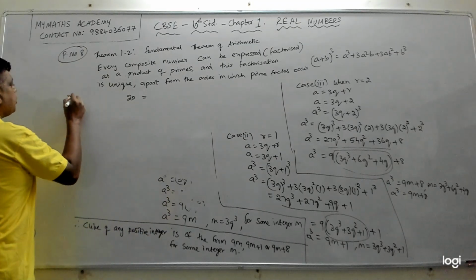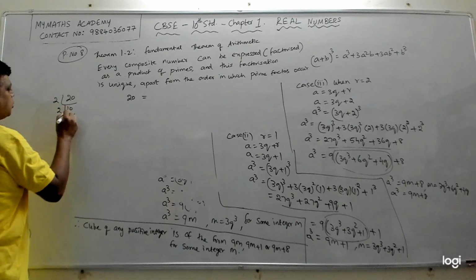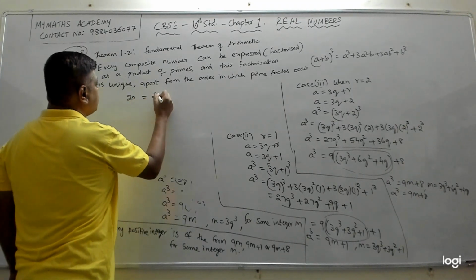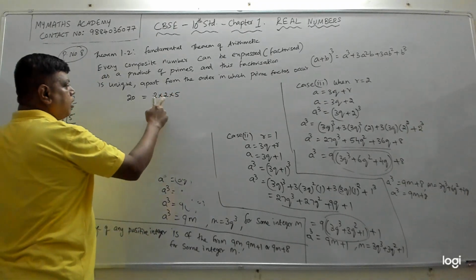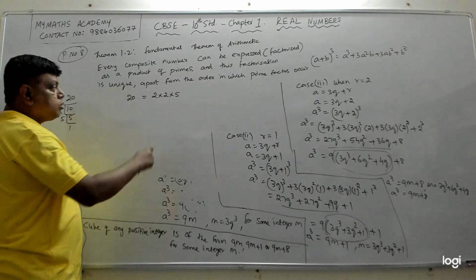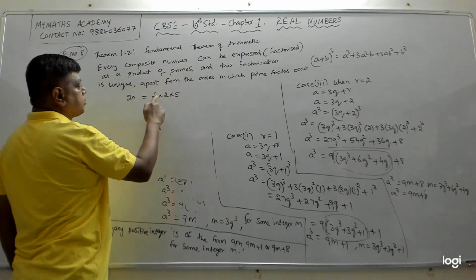So how do we do that? We'll do the prime factorization. 2 into 10, 2 goes 5 times, 5 one time. So which means my 20 can be written as 2 into 2 into 5, where 2 is a prime number, 2 is a prime number, and 5 is also a prime number. So here you should have only prime numbers. Which means 20 is written as a product of primes. Product means multiplication.